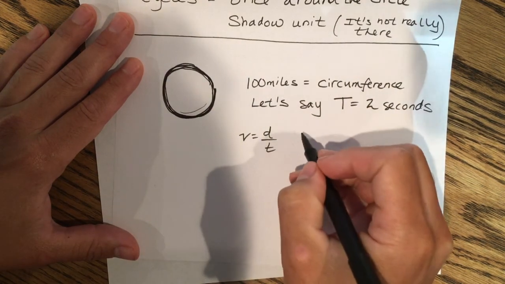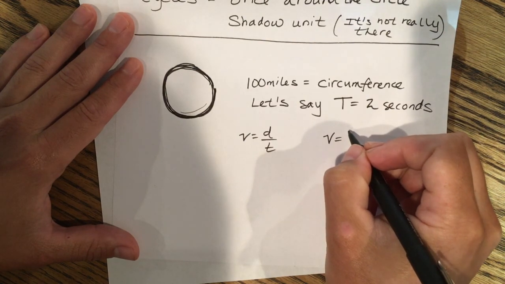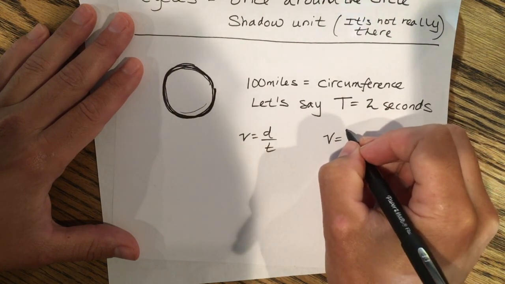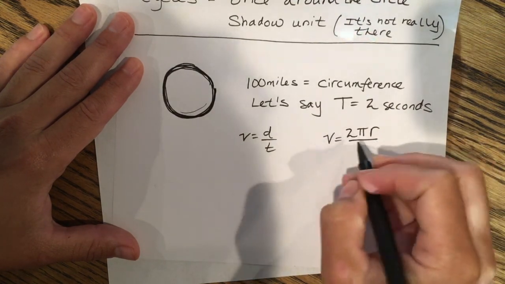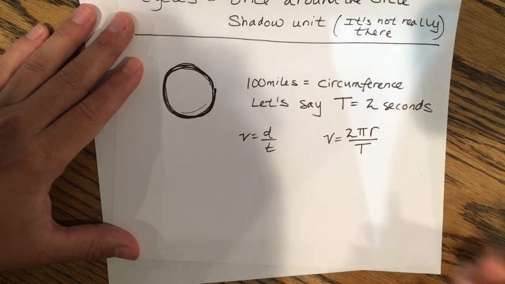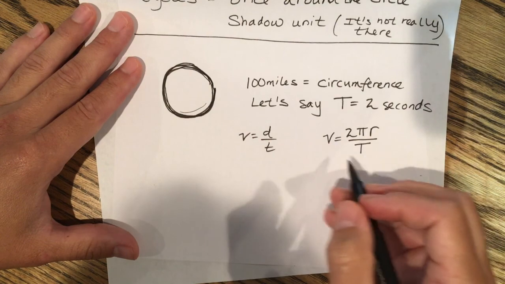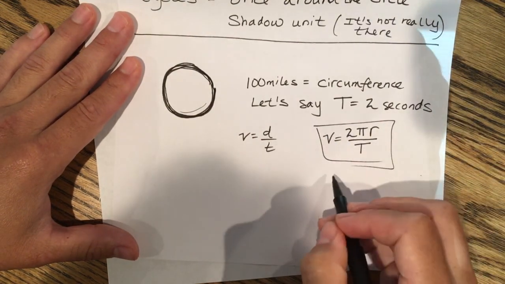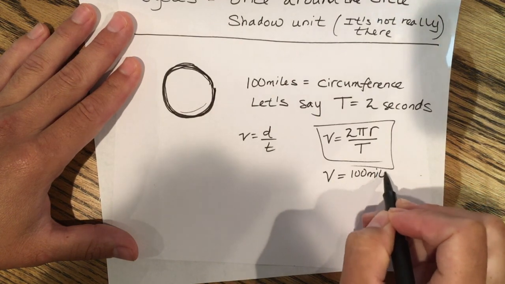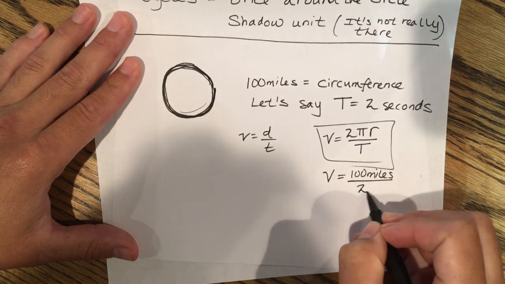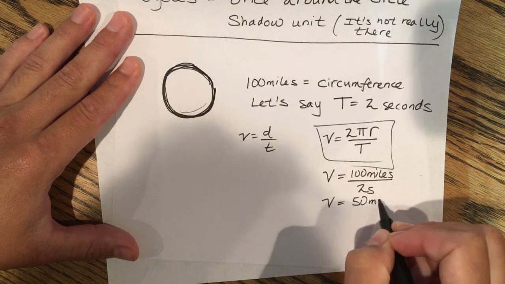So we're saying that velocity is equal to the distance around, which is the circumference, 2 pi r, divided by the period. In our case here, that would be 100 miles, which is 2 pi r because it's the circumference, divided by 2 seconds, which is equal to 50 miles per second.